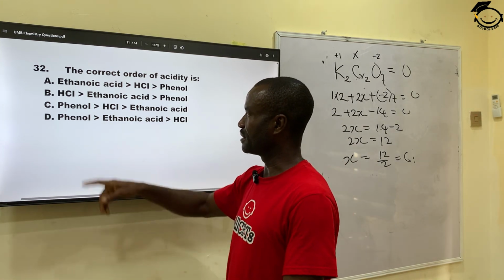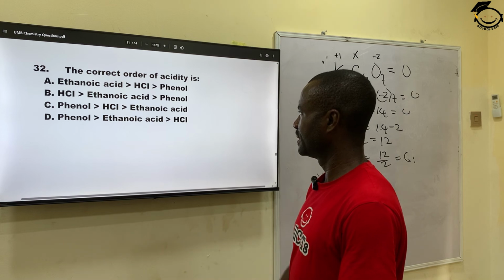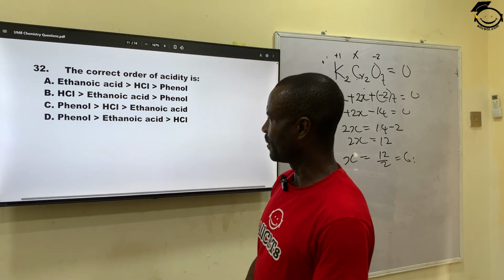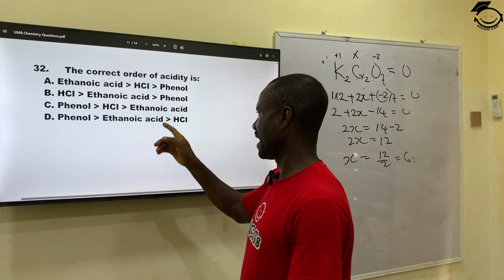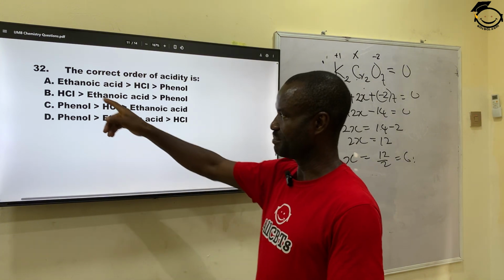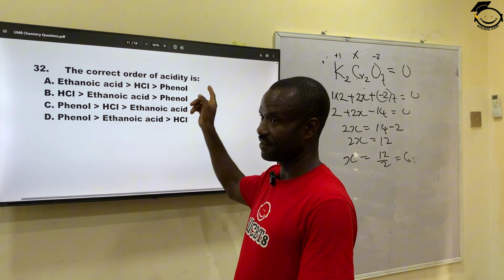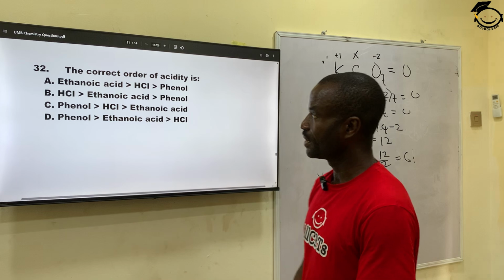C, phenol is greater than HCl, and HCl is greater than ethanoic acid. D, phenol is greater than ethanoic acid, and ethanoic acid is greater than HCl. The correct answer is B: HCl is greater than ethanoic acid, and ethanoic acid is greater than phenol. So the correct answer is B.